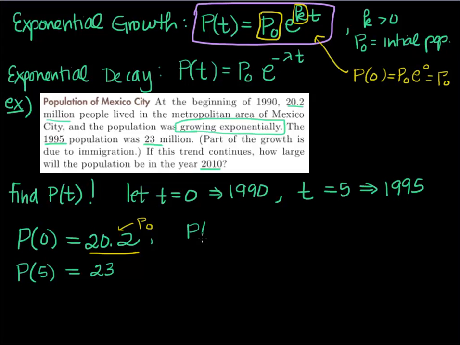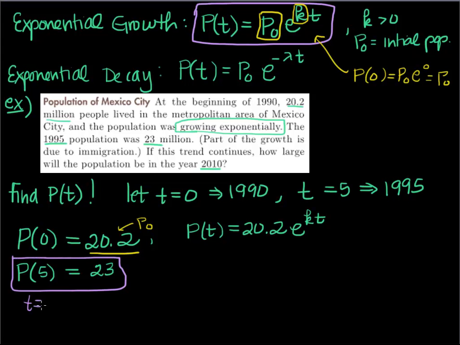So here's what I know then. I know that P of t equals 20.2 times e to the kt, and I don't know k yet. So in a lot of these problems, the work involved is sometimes finding this k. Sometimes they give it to you, sometimes we need to find it. The information I'm going to use to find that k is the fact that when t is 5, P of t is 23.